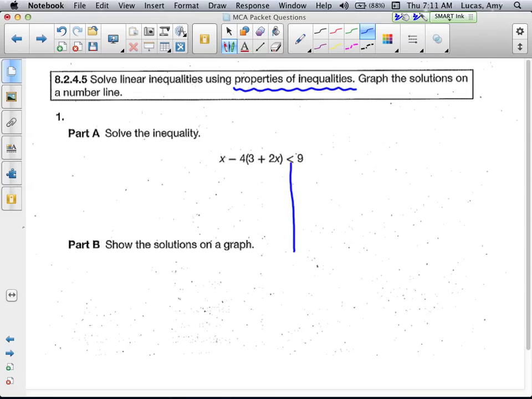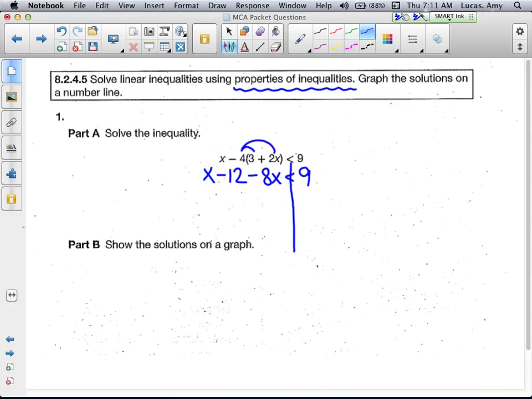For starters, I need to distribute the -4, so x, and then -4 times 3 is -12, -4 times positive 2x is -8x, like this.